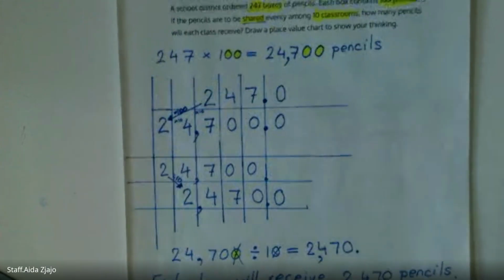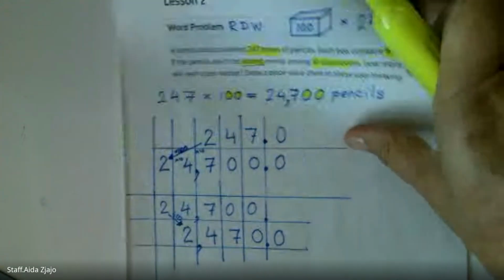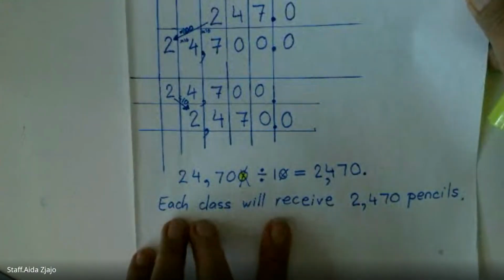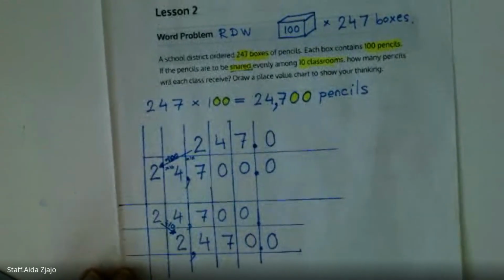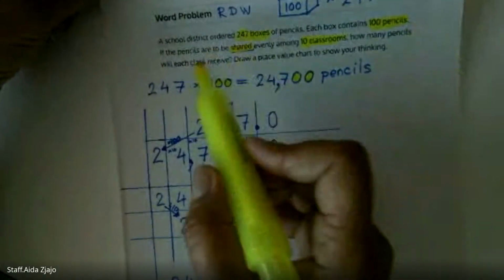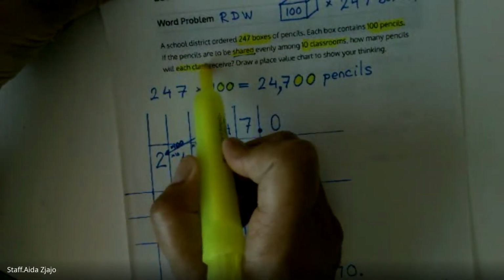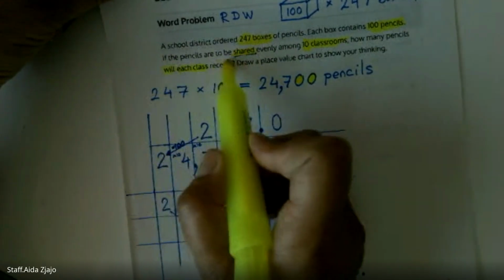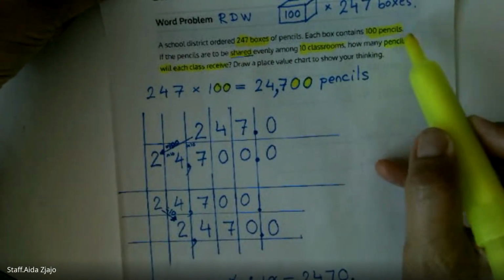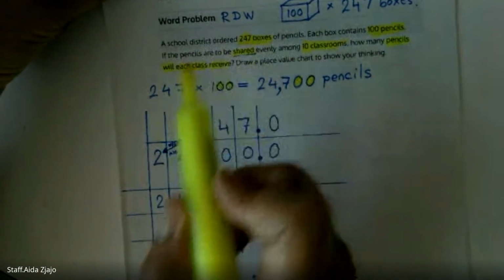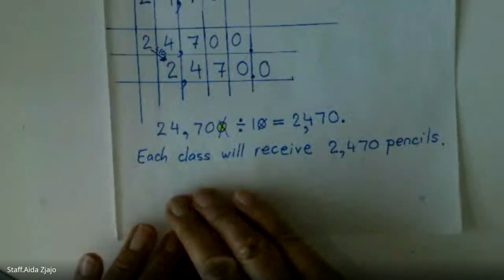I use the language from the question. If you struggle with spelling, you can always use the question to form a statement. How many pencils will each class receive? So each class will receive 2,470 pencils. I use all this vocabulary from the question in order to form my answer.